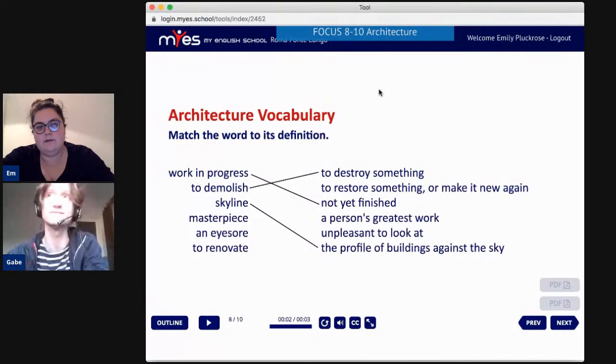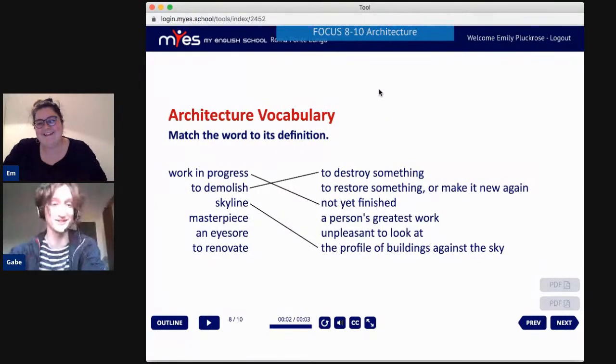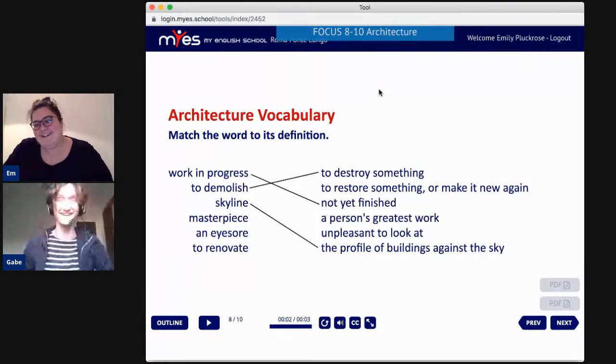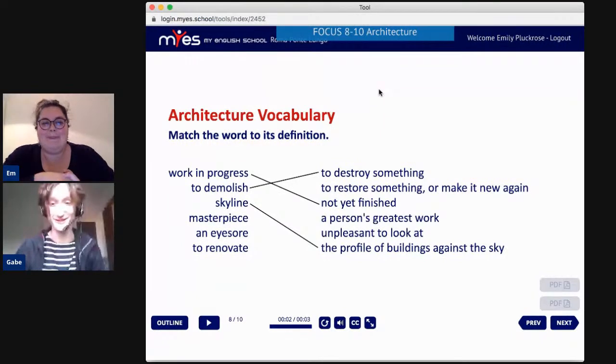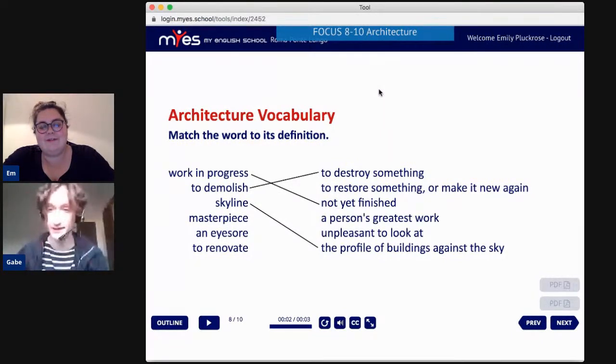I think you could use demolish figuratively, though, perhaps. You could say you demolished that cake, to mean to utterly complete something, to ruin something. But yeah, you're right. Go on, Emily.